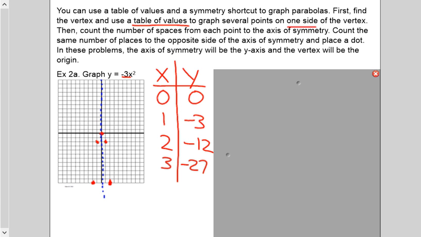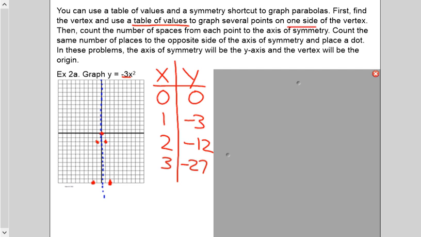So instead of having to find 5 ordered pairs to graph this, I only had to find 3. The 2 dots that are on the left of that blue line, I could just use because the right half and the left half always match. It's like looking in a mirror. The stuff on one side matches the stuff on the other side. Okay.